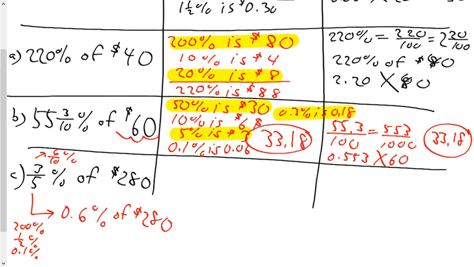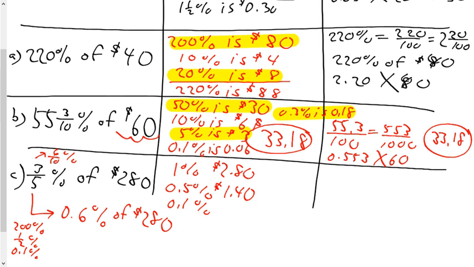Because mentally, if I think about 0.5% plus 0.1%, those two added together, which we know how to get both of those, will be 0.6%, correct? So for 0.5%, we need to know 1%, don't we? And what's 1% of $280? $2.80. And once we know that, what's 0.5%? Half of that is $1.40.